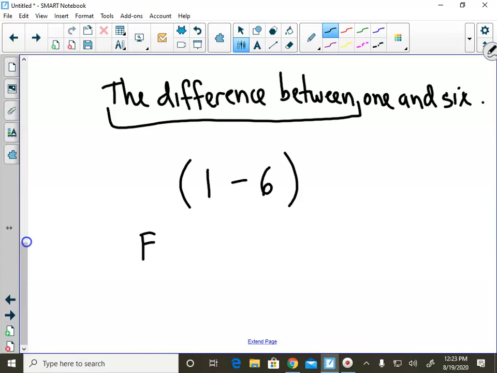What if you had 4 minus 9? Are we going to have parentheses? Right, we're not going to have parentheses because we don't have the word difference. So this is just going to be 4 minus 9.